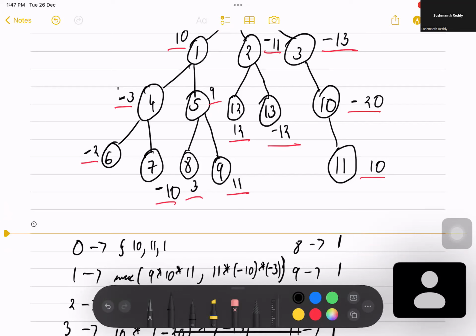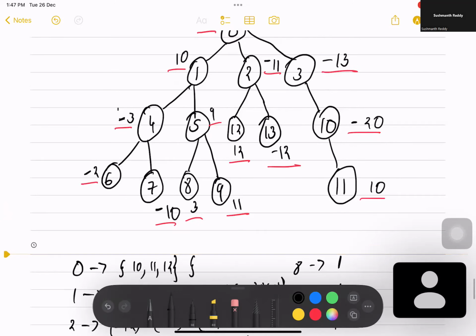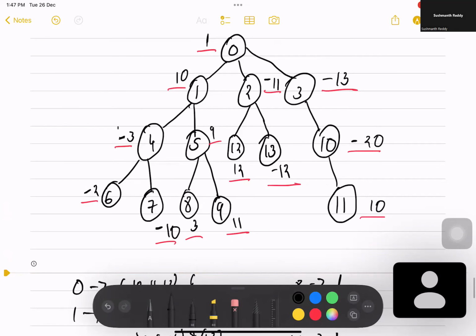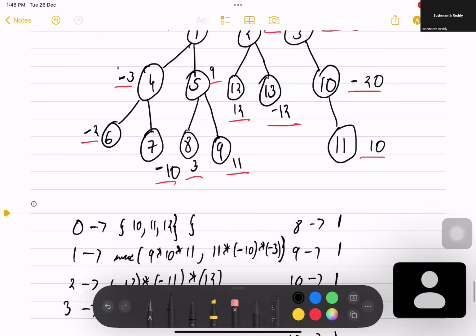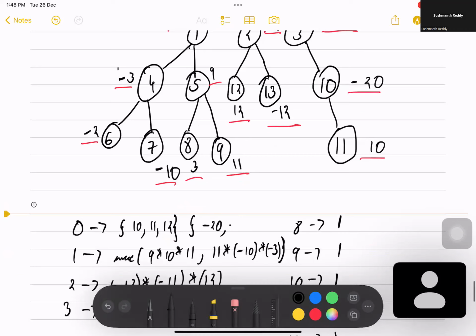And the two most negative values that we have are -20 and -13.